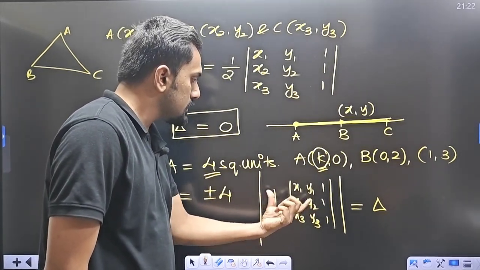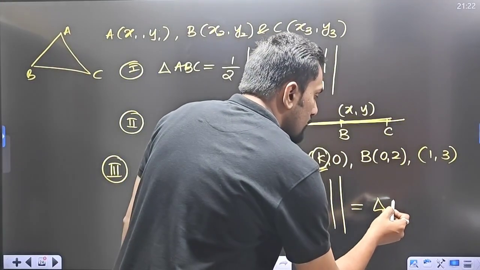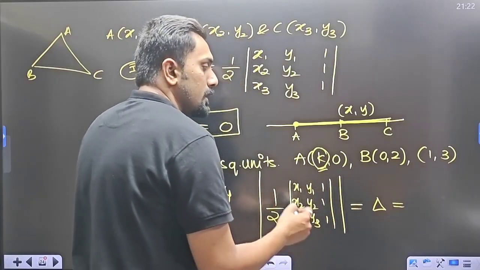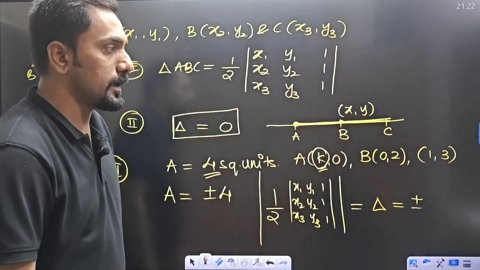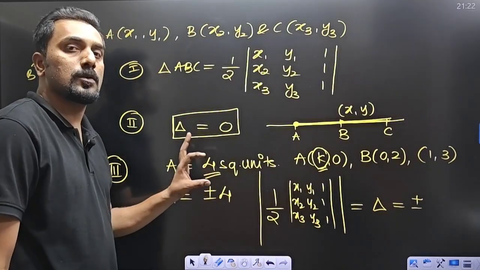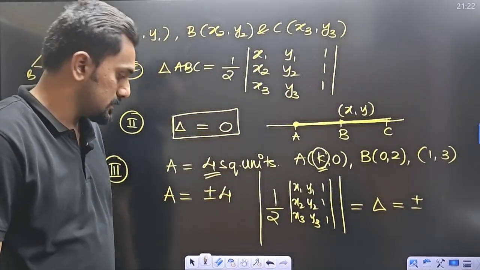So for that reason, if I remove the modulus sign, then for calculating the determinant we must consider both positive and negative value for the area. ಇದು ಒಂದಿಷ್ಟು ಪಾಯಿಂಟ್ಸ್ ನಾವು ಗೊತ್ತಿತ್ತಂತಂದ್ರೆ we are able to solve the 2-mark questions, right?